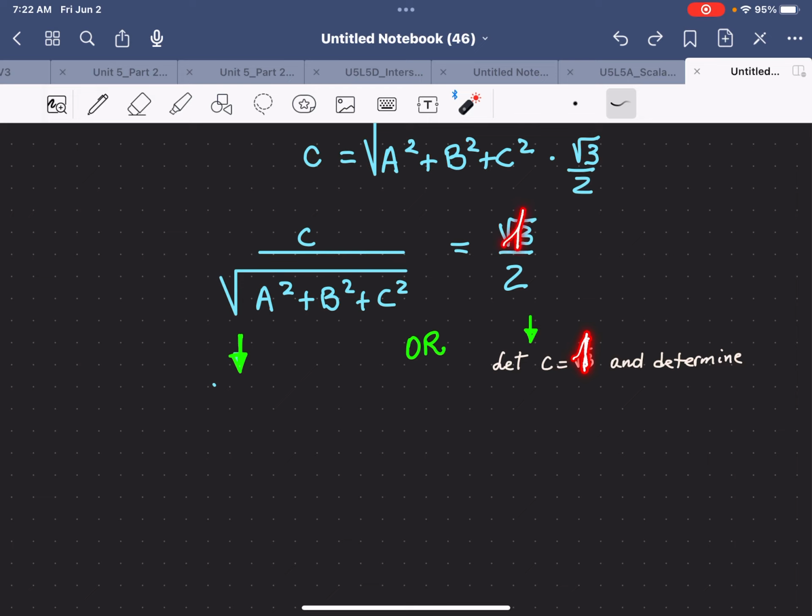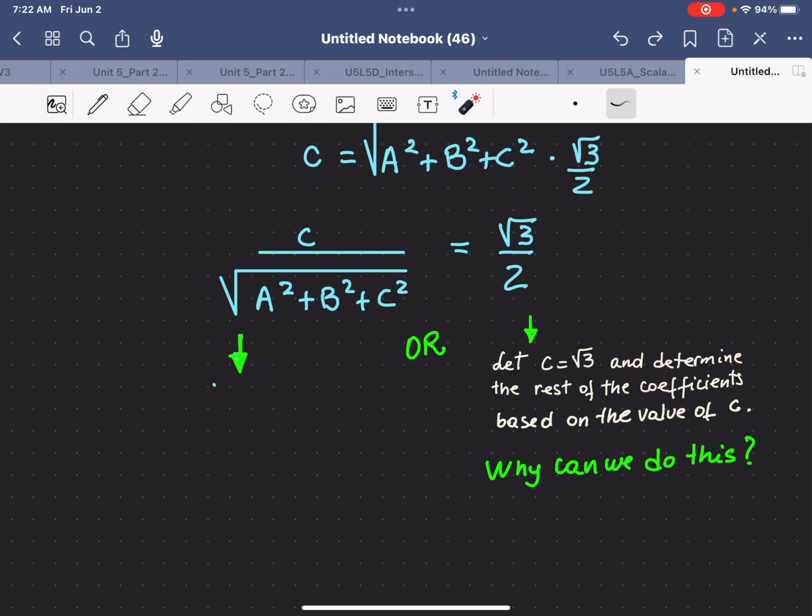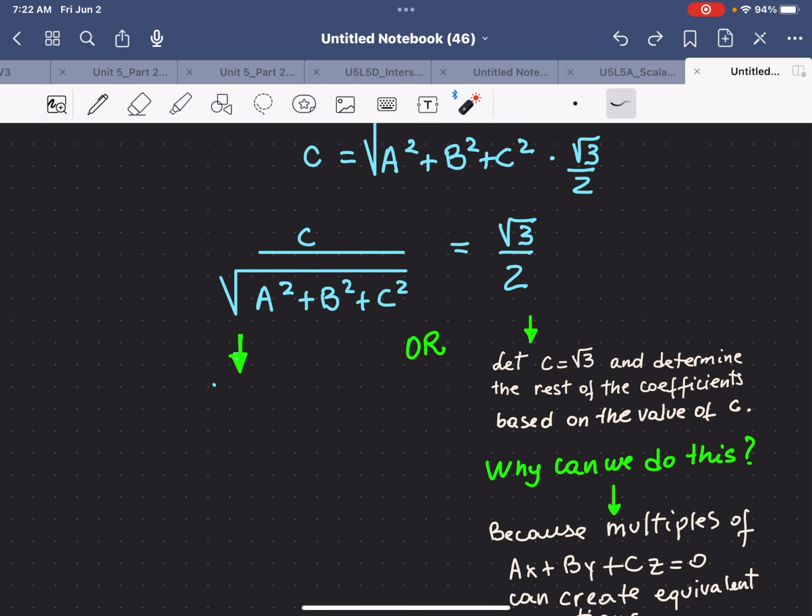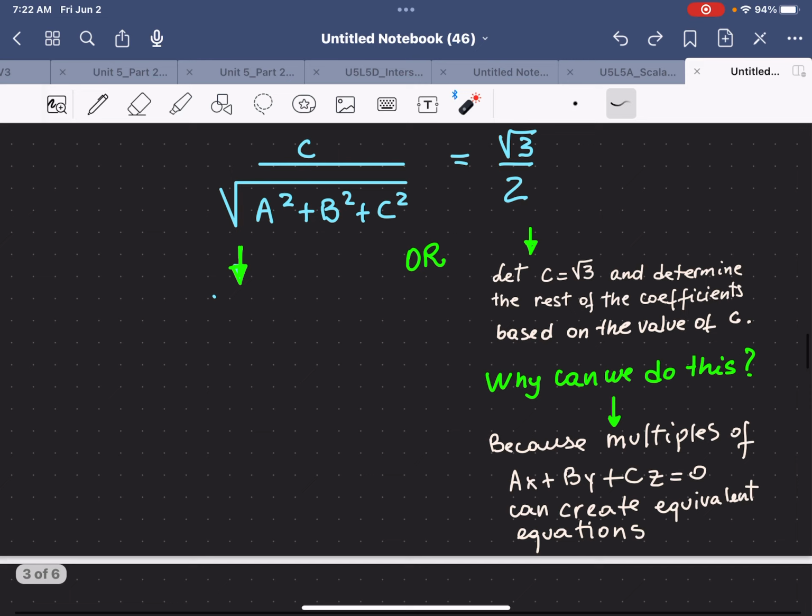But if I let c be equal to 1, then I would have a radical expression equal to a fraction, and it would be more complicated to use this relationship to determine a and b. But if we let c equal root of 3, then automatically we can say that the square root of a squared plus b squared plus c squared would be equal to positive 2, and 2 is an easier number to deal with.